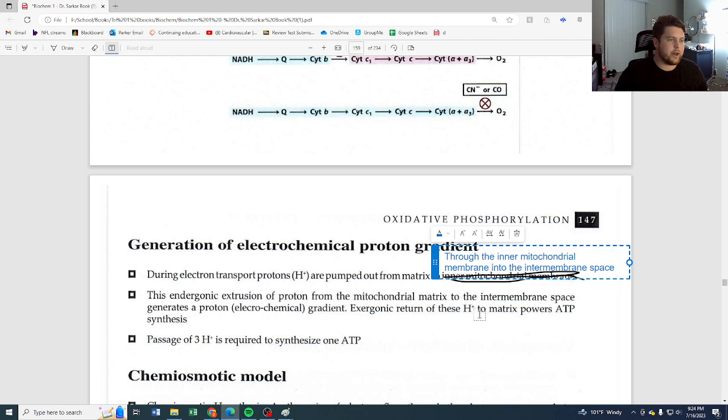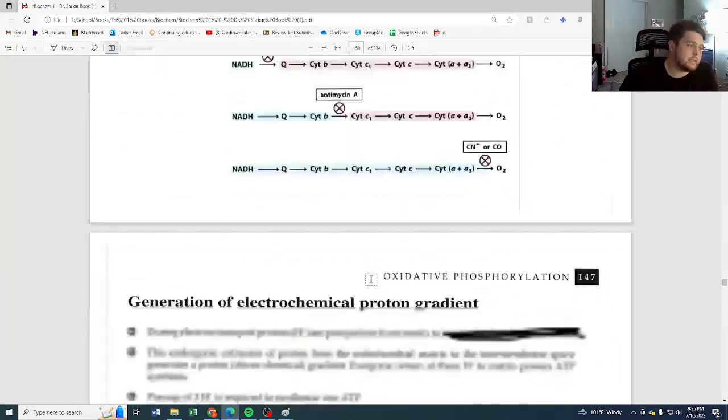That's a better way to say that. So this endergonic extrusion of protons from the mitochondrial matrix to the intermembrane space generates a proton, or an electrochemical gradient. Now, exergonic return of these hydrogens to the matrix is going to power our ATP synthesis. So the passage of 3 hydrogens is required to synthesize one single ATP.